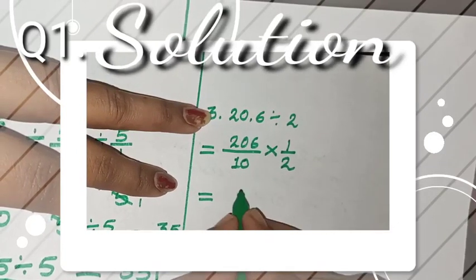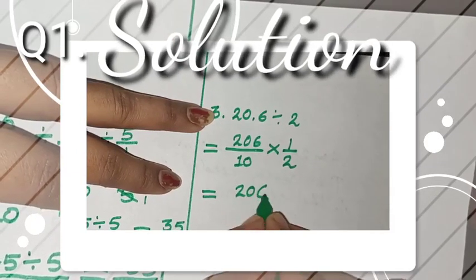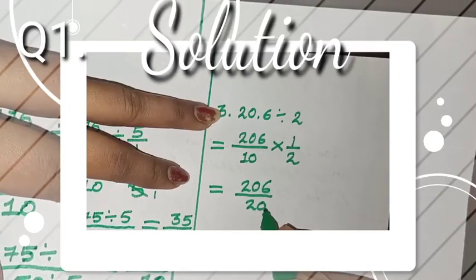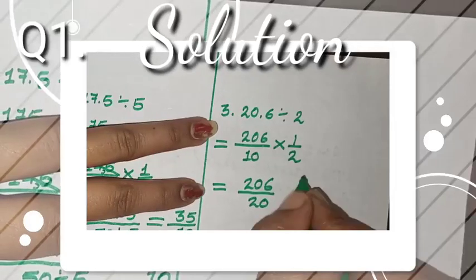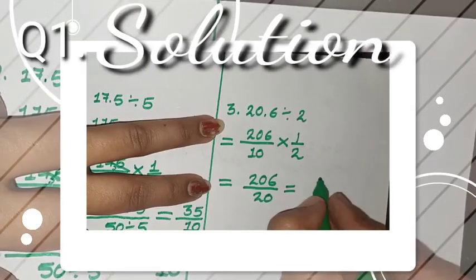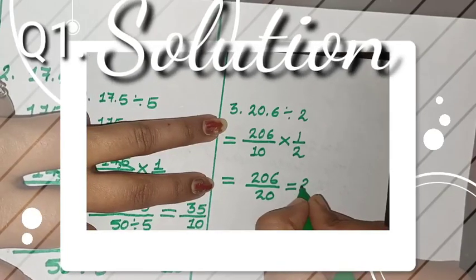So let us multiply, 206 upon 20. So let us make it into the lowest form. So we'll divide it with 2.